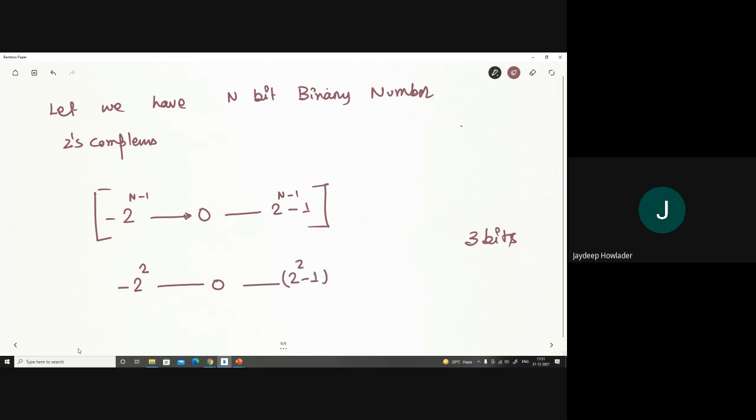So there are basically 2 to the power 3 representations. This is the negative, and this one is the positive. 0 includes the positive part, and the rest of these include the negative. Understand?